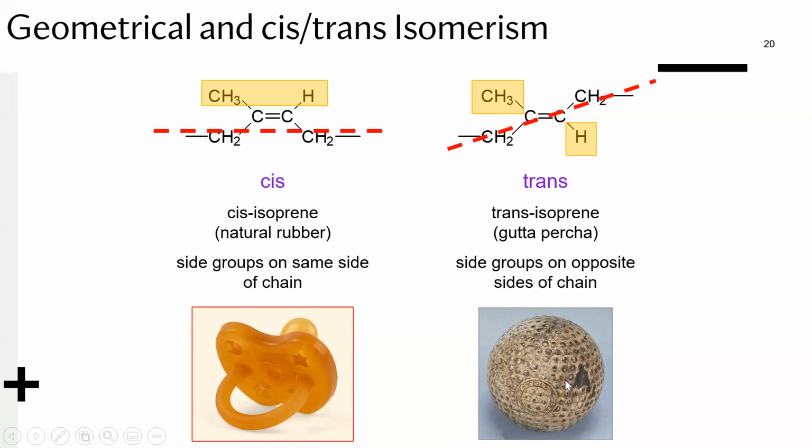This is gutta percha, a very rigid and stiff material. In the old days, they used to use this. It was derived from a tree-derived chemical, so it was very biofriendly. But at the same time, it had some very interesting properties.